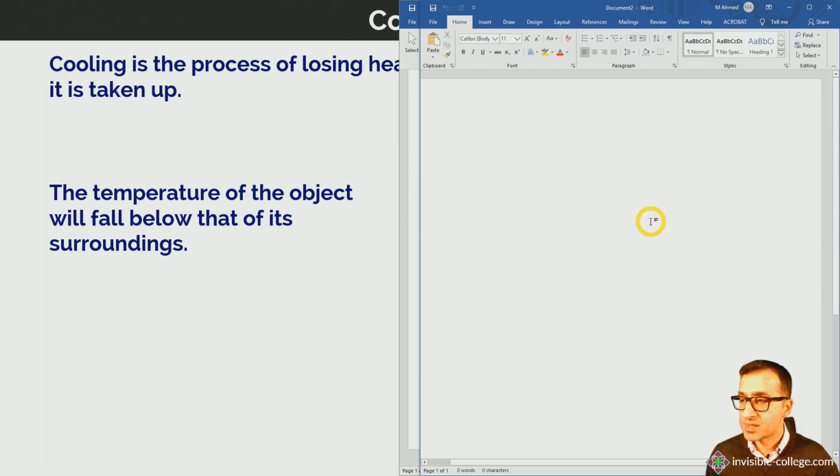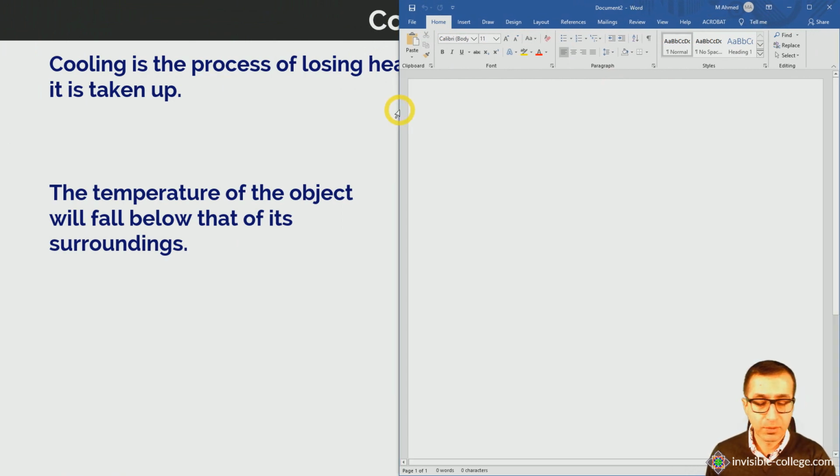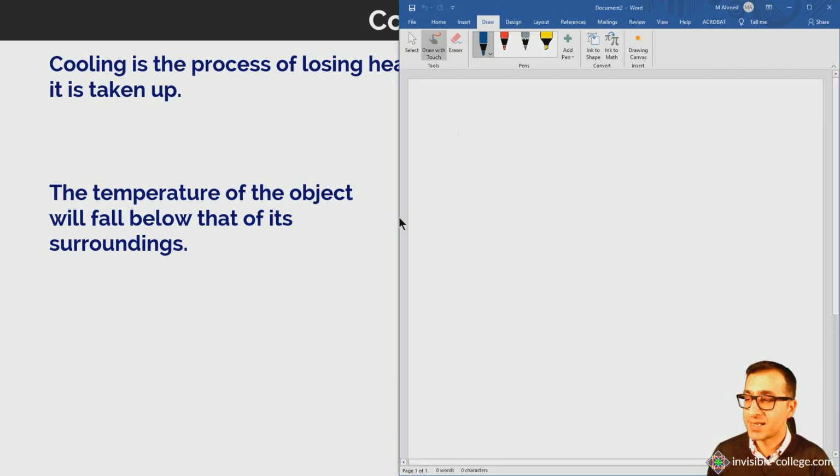Okay, so let's imagine we start with a piece of solid material. Let me turn my pointer off because that's starting to annoy me. Okay, so let's say we start with a piece of solid material and we start heating it. And let's say we record the temperature of that material as time progresses and we continually heat it.